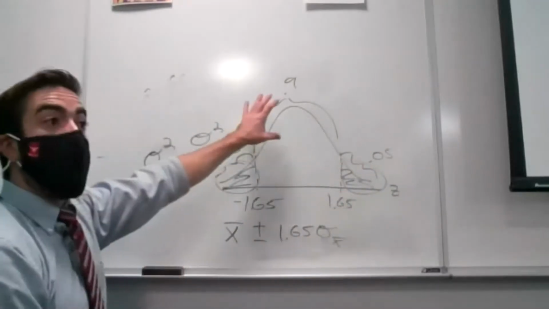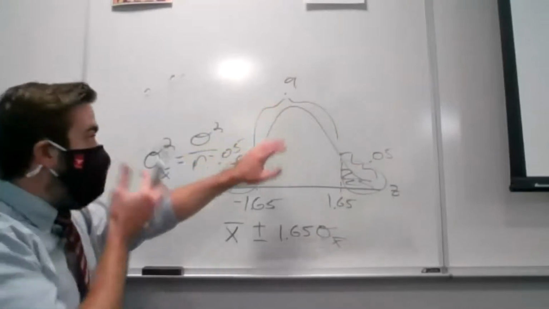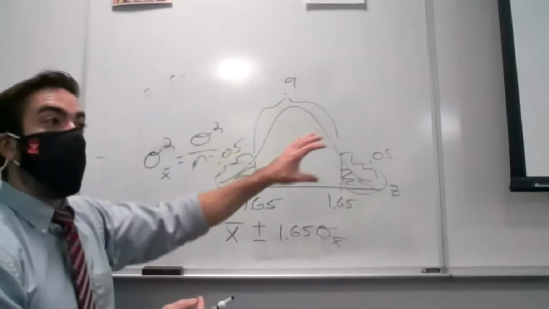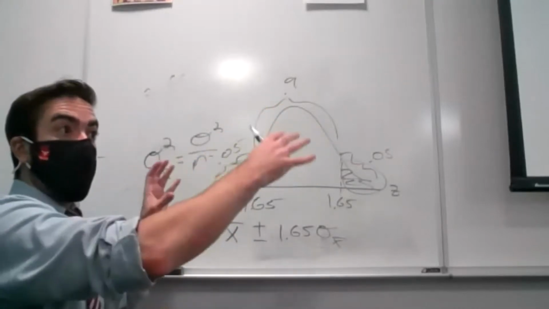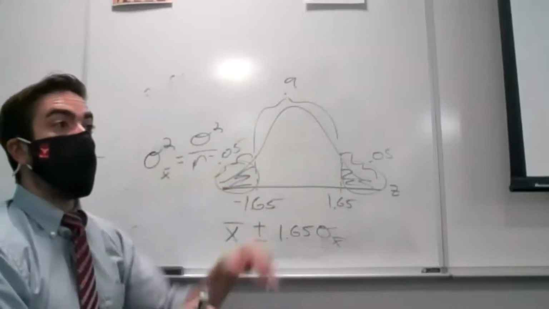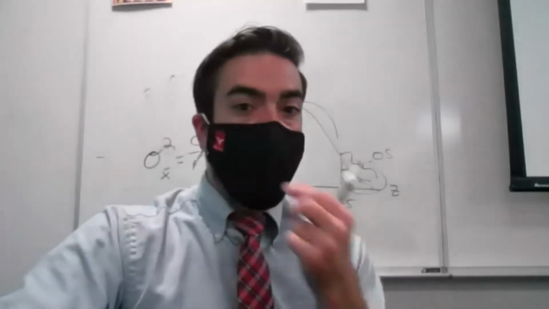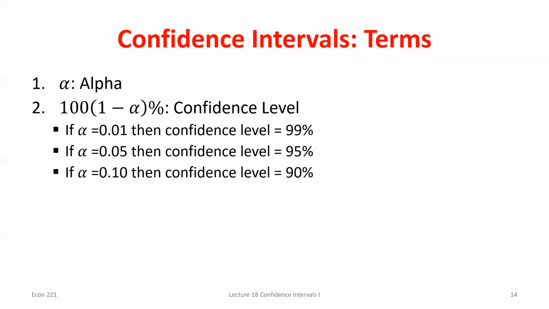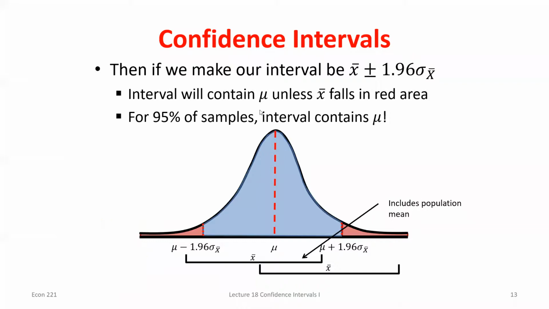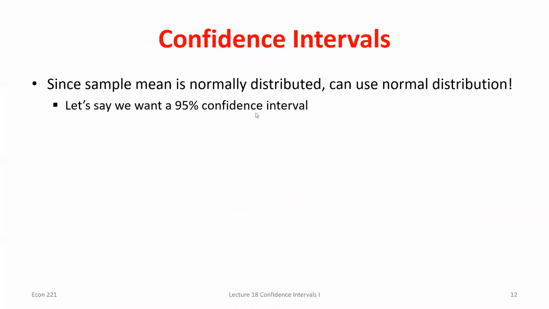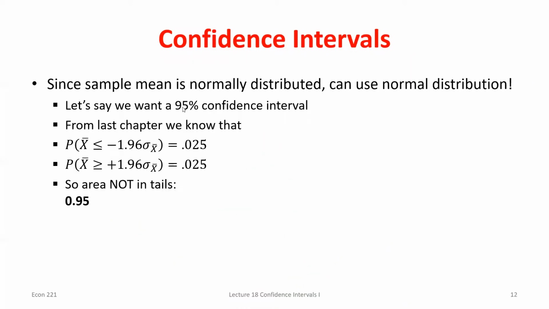So when I was looking at the 90% confidence interval, alpha was, we said, 0.1, right? Because the total in the tails was 0.1. We knew that meant in each tail we had 0.05. If we go back to the example where I was looking at the 95% confidence interval, what percent is outside the interval? 5%.